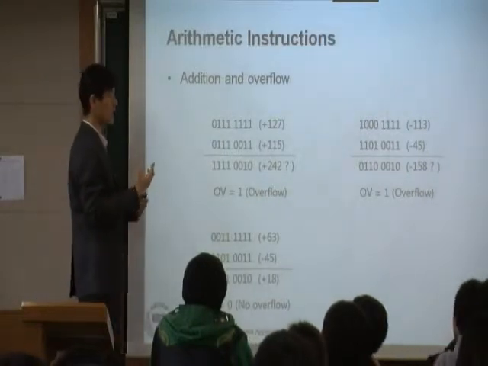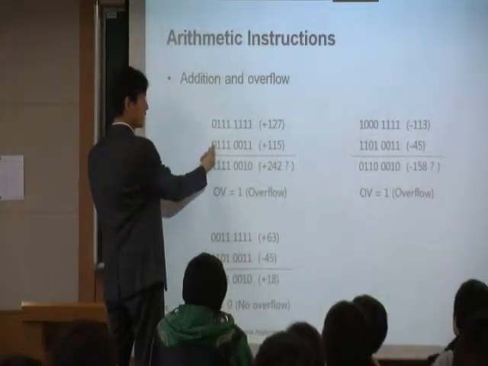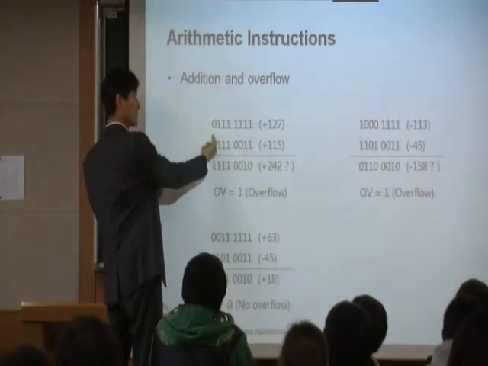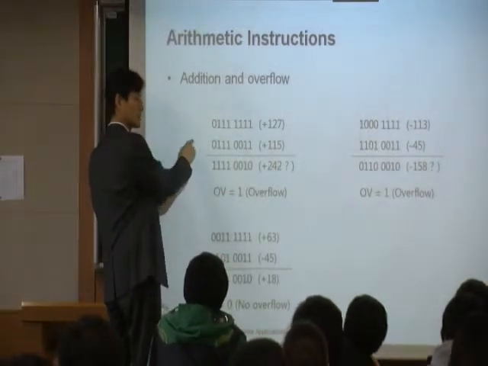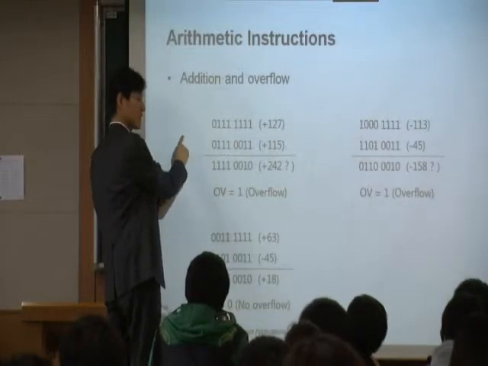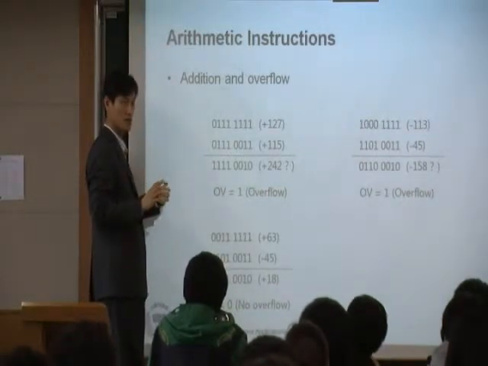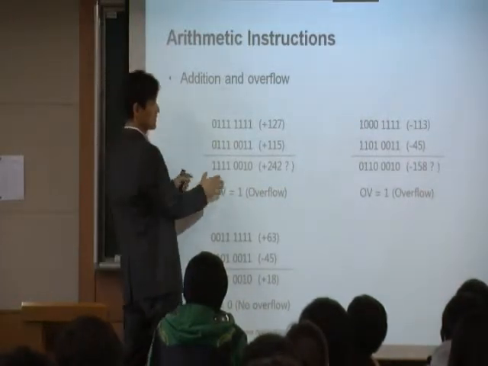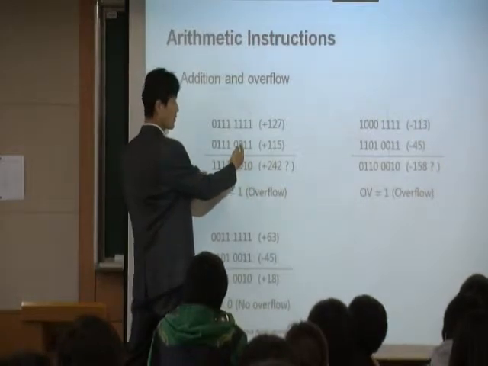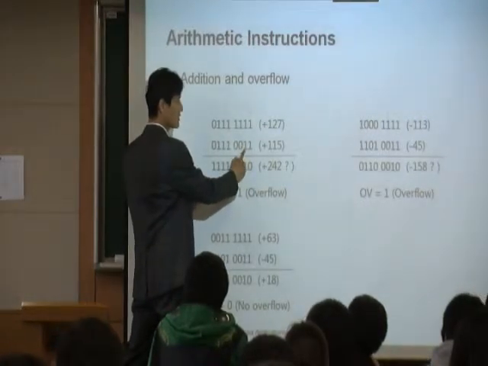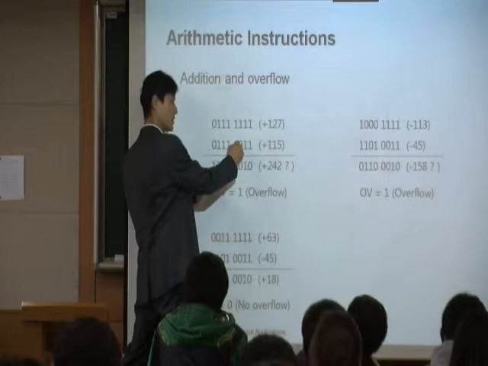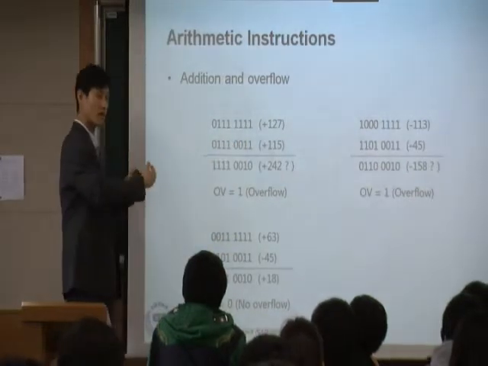Typically, when we say carry, it's a carry out of the most significant bit. When you have a 9th bit, that's a carry. That's true. But in this case, whenever you have a carry from a certain bit position to another bit position, we can also say carry.